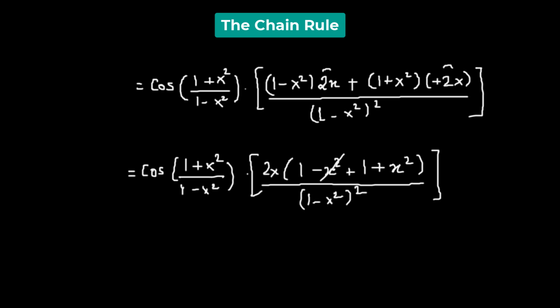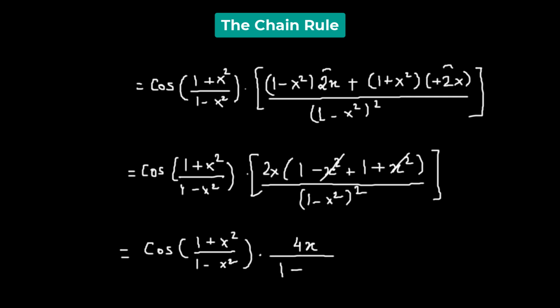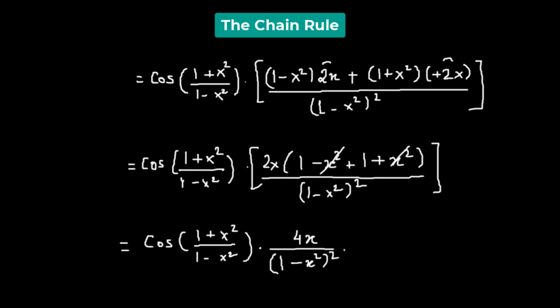So negative x squared and positive x squared get cancelled, so we have 1 plus 1, which gives us cosine of 1 plus x squared divided by 1 minus x squared multiplied to 2x times 2, which is 4x, so we have 4x divided by 1 minus x squared whole squared. So this is the derivative of our given function with respect to x.